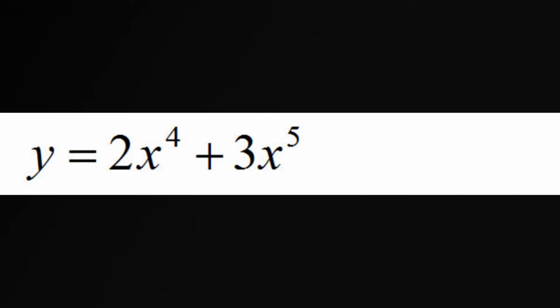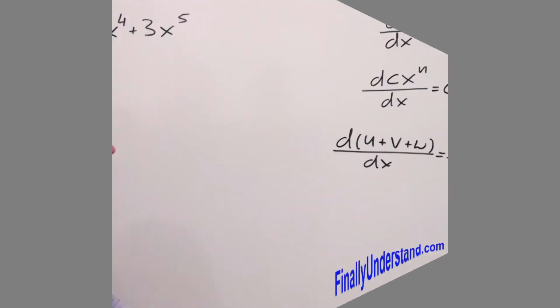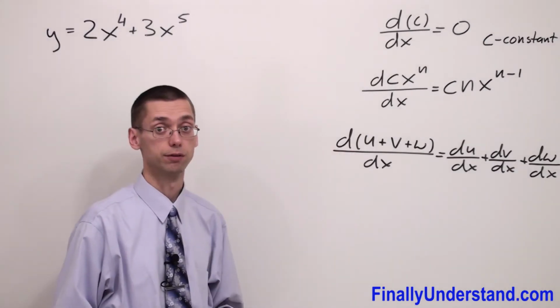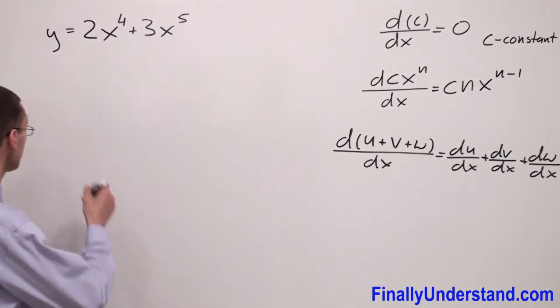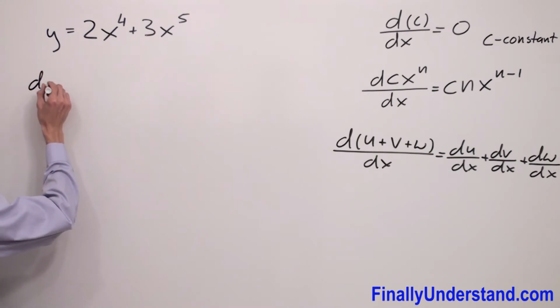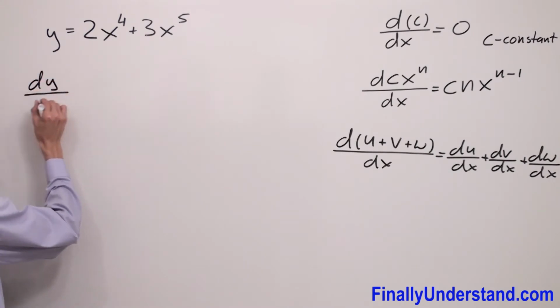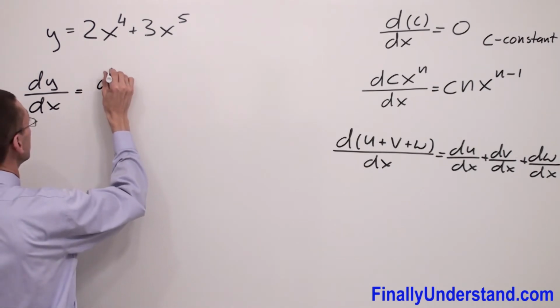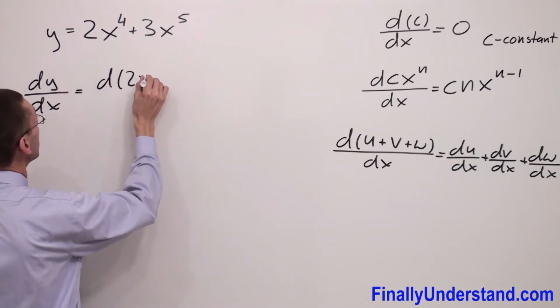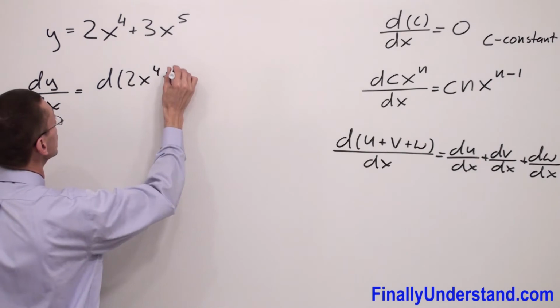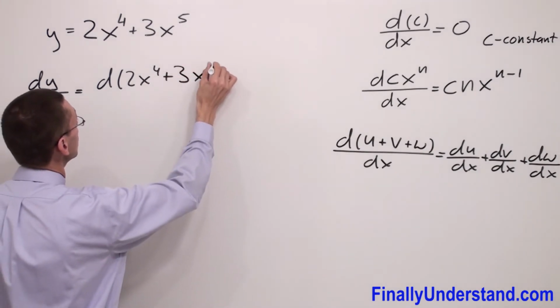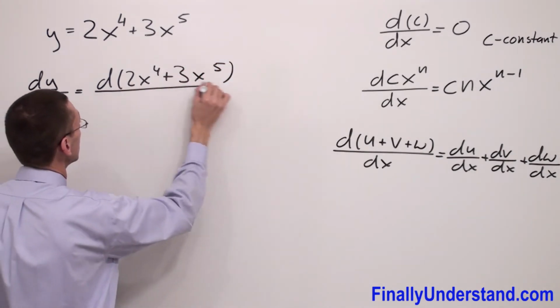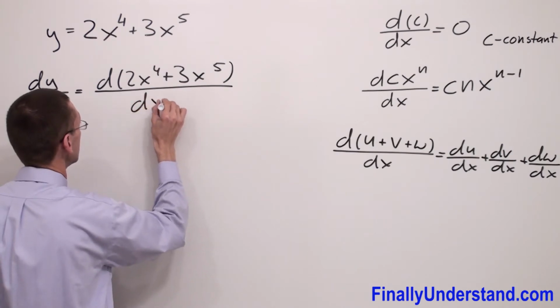Let's take a look at this example. We have another example where we're supposed to apply the formula for the derivative of a sum. So simply write dy over dx is equal to the derivative of 2x to the fourth power plus 3x to the fifth power over dx.